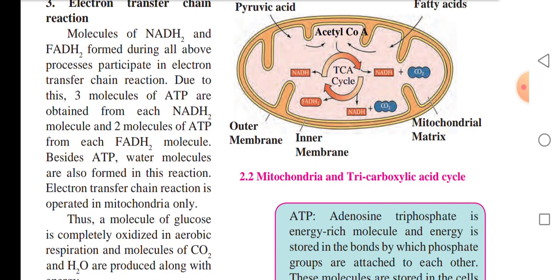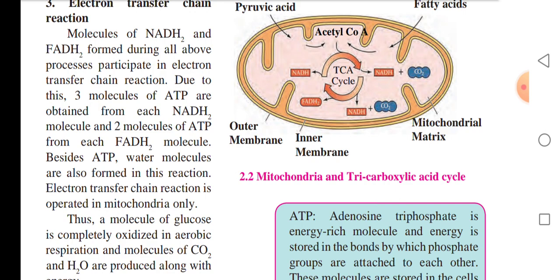Molecules of NADH2 and FADH2 formed during all above processes participate in the electron transfer chain reaction. Due to this, 3 molecules of ATP are obtained from each NADH2 molecule and 2 molecules of ATP from each FADH2 molecule. Besides ATP, water molecules are also formed in this reaction.